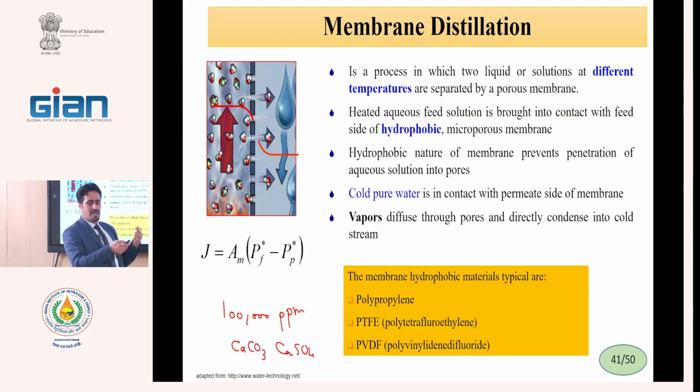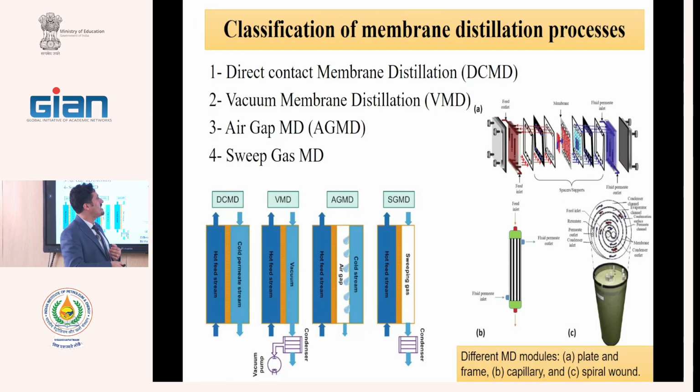On the permeate side, we have different types of MD. We have direct contact membrane distillation. In direct contact, we have a cold stream on the permeate side, such as in dialysis.